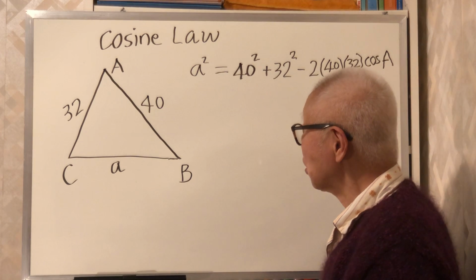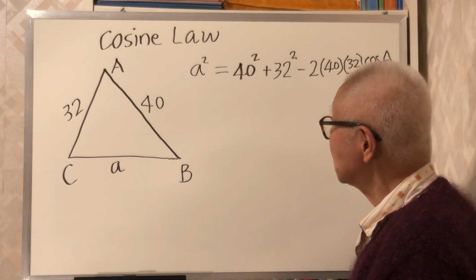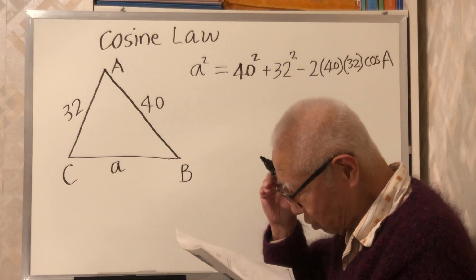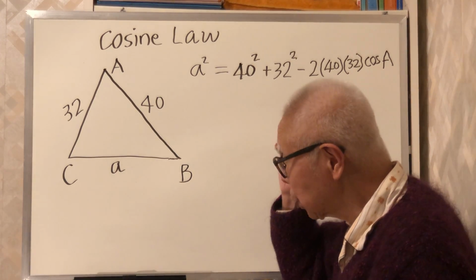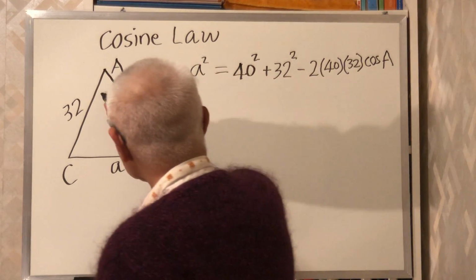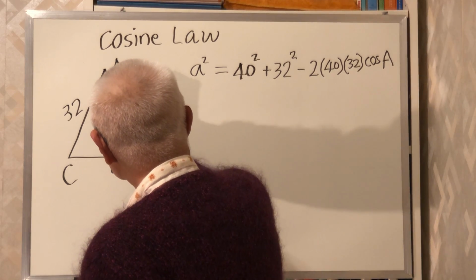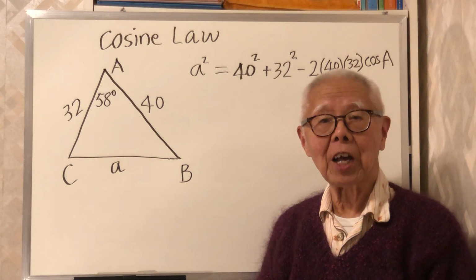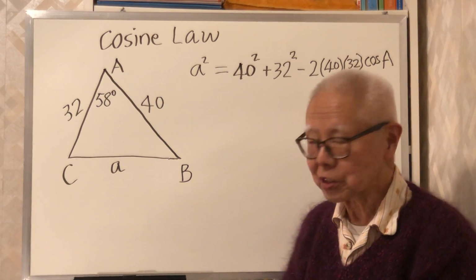And this is called the cosine law. Oh, I forgot, angle A is given, 58 degrees.